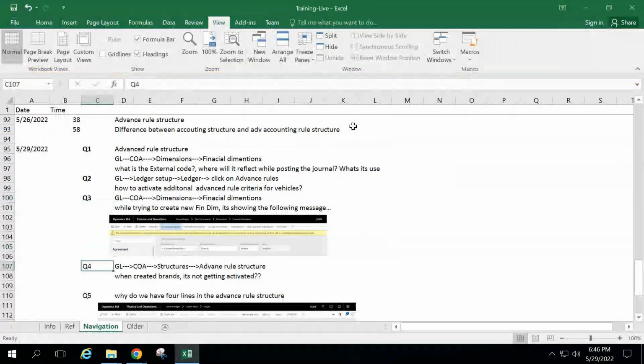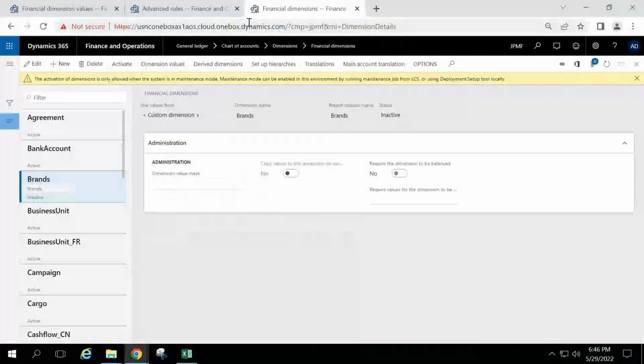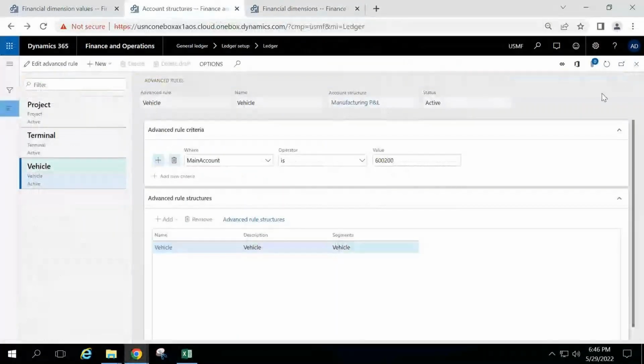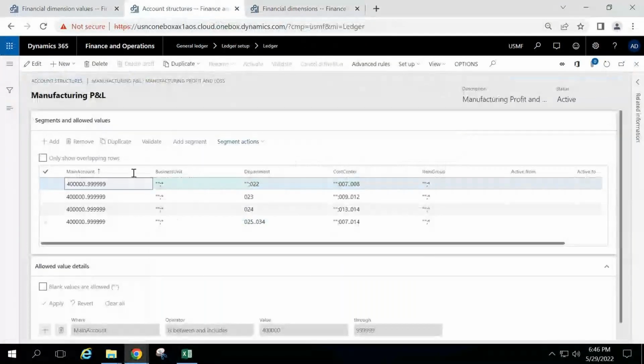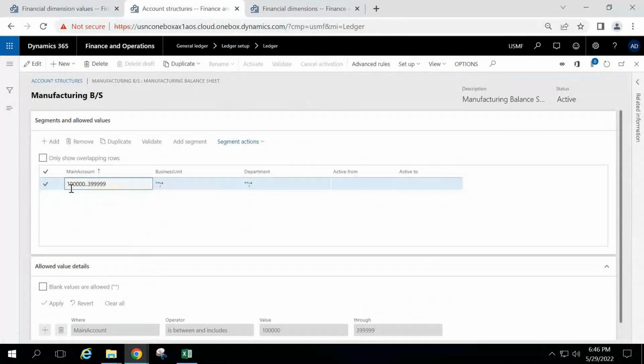Next one is the same question, and one minute, last one. If you look at manufacturing balance sheet, we have only one line given over here, attaching two conditions.